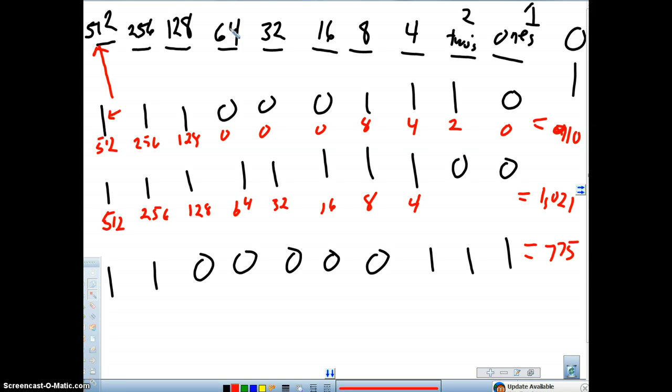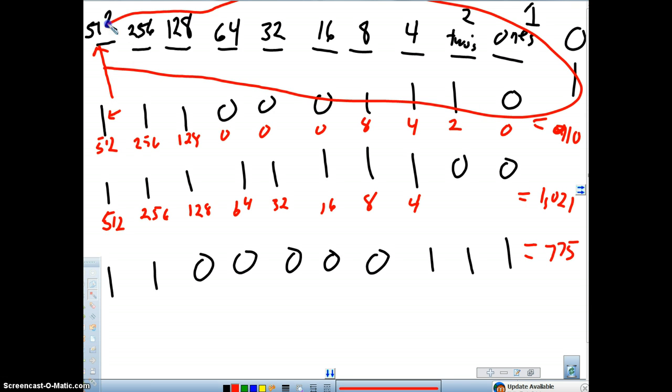You're multiplying either by 1 or by 0. 512 times 1 is 512. 512 times 0 is 0. Then you just add them all up. That's what I'm saying. If you make these columns up here first, before you do anything else, that's going to help you do your binary math pretty easily.